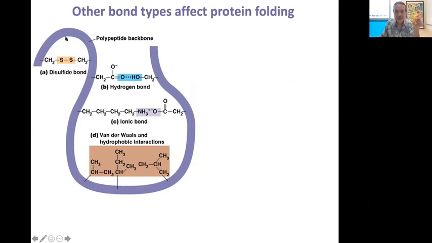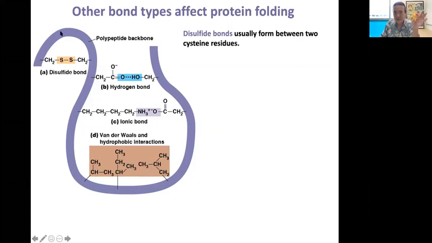So in this illustration, this cartoon, the purple line is visualizing the polypeptide backbone that's running through, linking all of these residues together. Some of these might be things like disulfide bonds. In other words, let's pretend over here where my cursor is, there's a cysteine. And then there's a whole bunch of amino acids as you go along here, a whole bunch of residues, until over here, you have another cysteine in the sequence of residues.